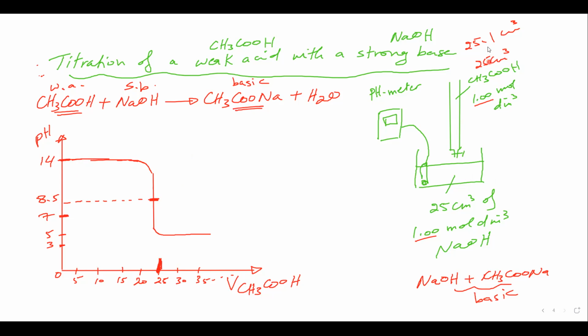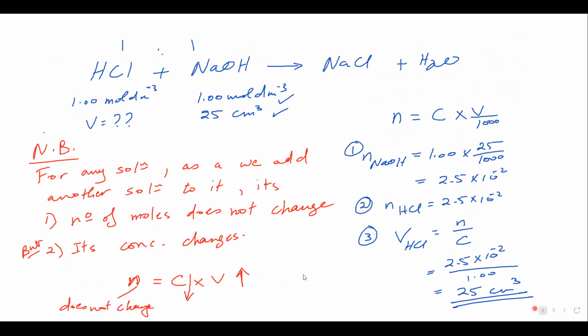And at 25.1 centimeter cube of ethanoic acid added, 25 reacted with the 25 centimeter cube of sodium hydroxide, and there is left 0.1 centimeter cube of ethanoic acid that remained in the solution in the form of an acid. But since it is a weak acid, the pH curve will reach about pH 5. That's why the steep line here does not go down as in case of the strong acid with a strong base.